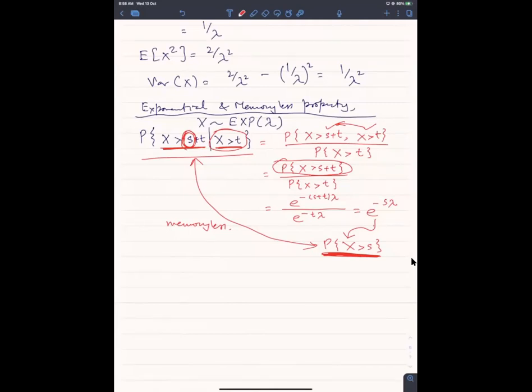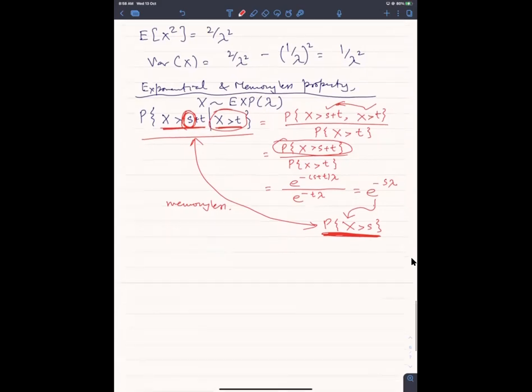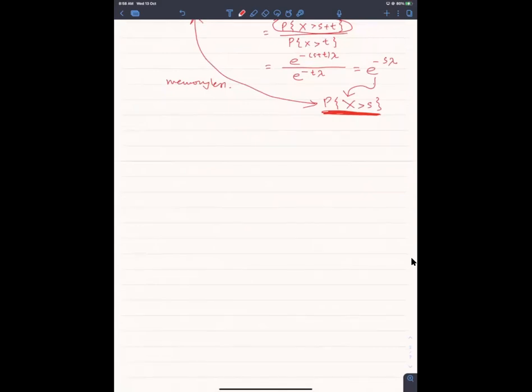Given that information, you will still have to probabilistically wait the same amount of time, okay, on average.